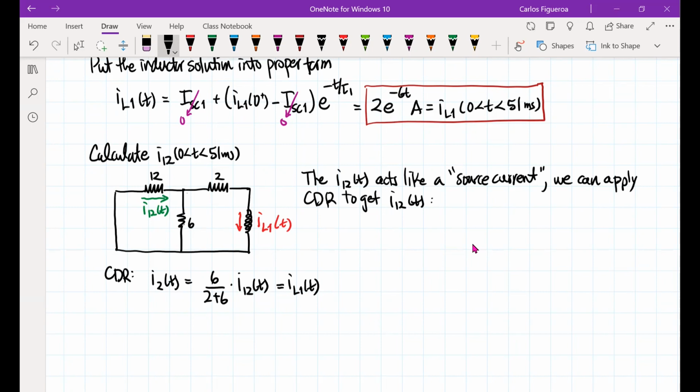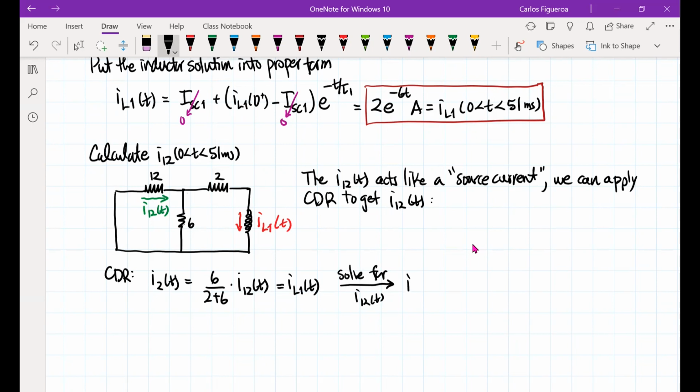So now I'm going to solve for I12 of t. I'm just going to bring it to the other side. So I'm going to get 8 over 6, which is the same as 4/3.